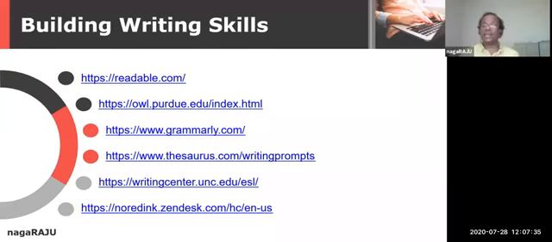Okay, a thesaurus is the opposite of a dictionary. What is the opposite? Suppose you want to know the meaning of a word, you go to a dictionary. The dictionary alphabetically lists words and gives the meanings. Sometimes I know the meaning, I know what I want to say, but I don't get the right word for that. I want to say it's beautiful, but beautiful is not the word that I want.